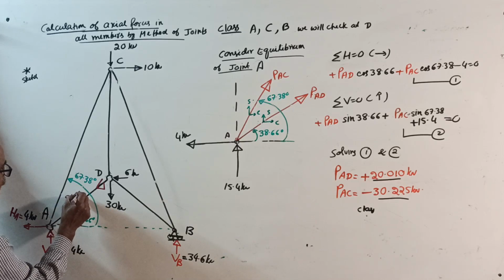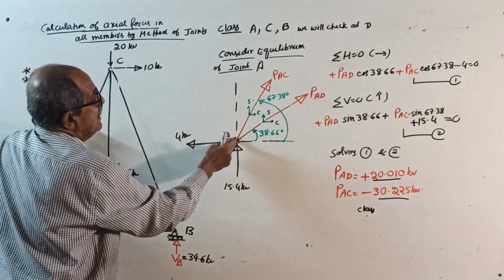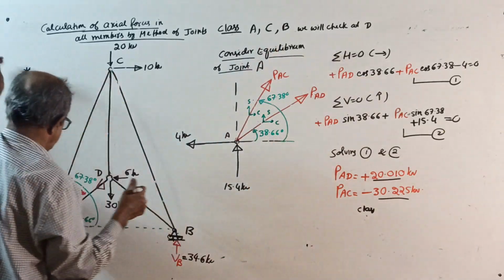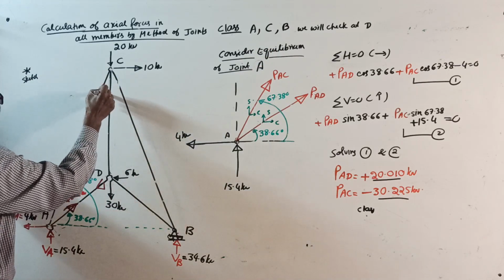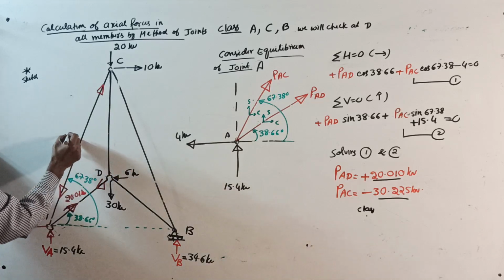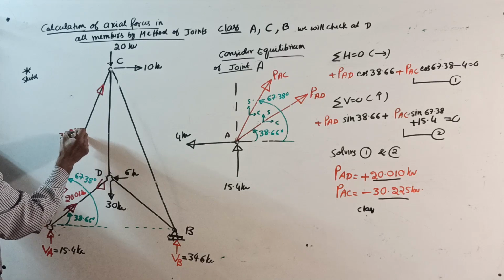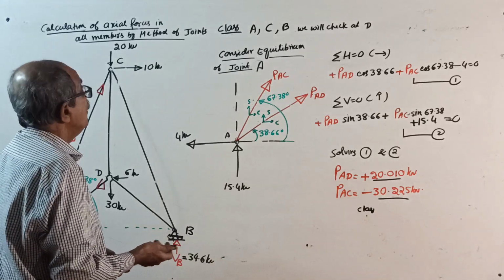PAC we took going away from the joint. Negative came, so it is coming to the joint. Opposite here, 30.225 kilonewton. Now joint A is over.